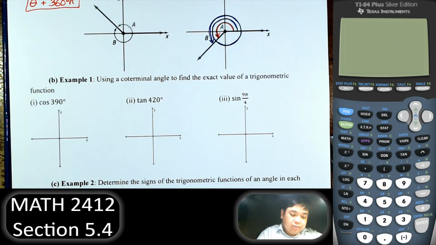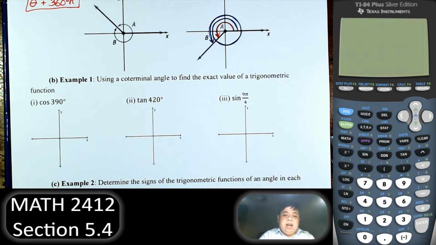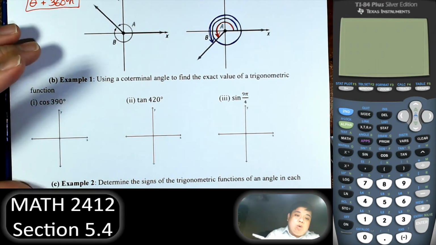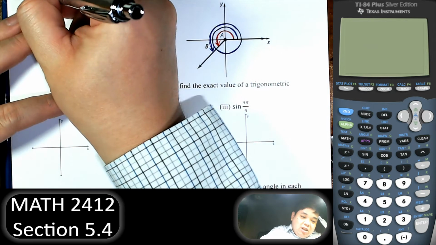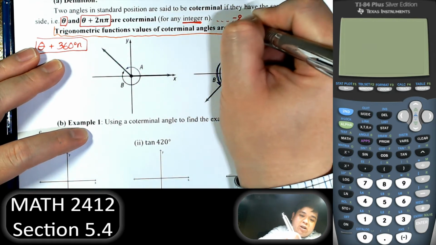Right. Now, using coterminal angles to find the exact value of the trigonometric function cosine 390. By the way, one revolution only goes from 0 to 360, so we can use coterminal angles. And the property precisely is this: trigonometric function values of coterminal angles are equal.